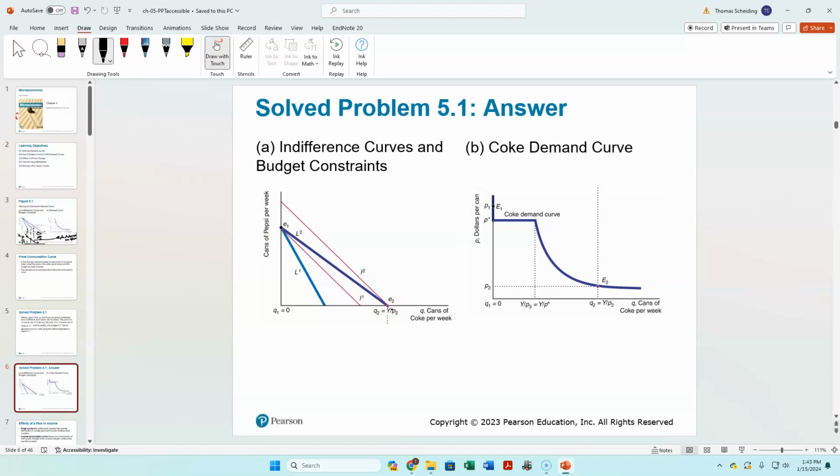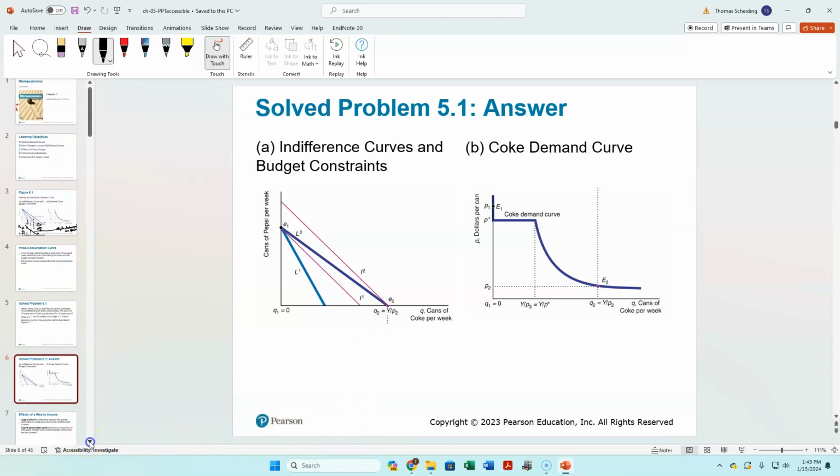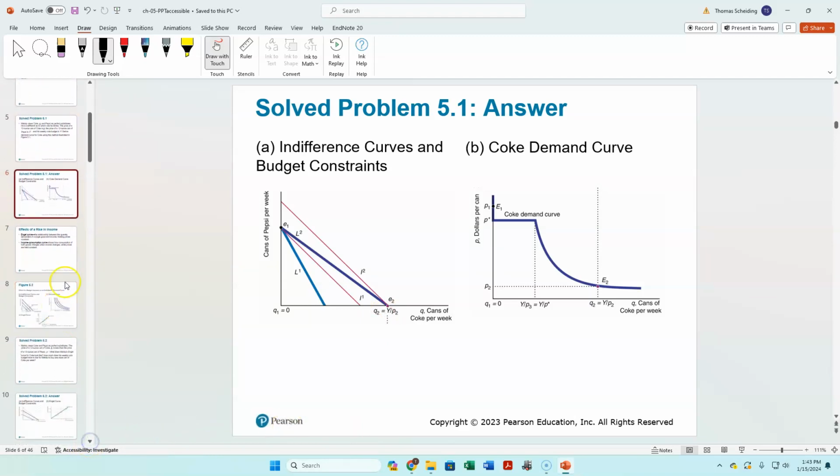But again, that's not really doing as much for us in understanding the overall chapter. What it does is create a demand curve that looks a little bit different than what we're accustomed to, and the reason for that is that we have some corner solutions existing over here.